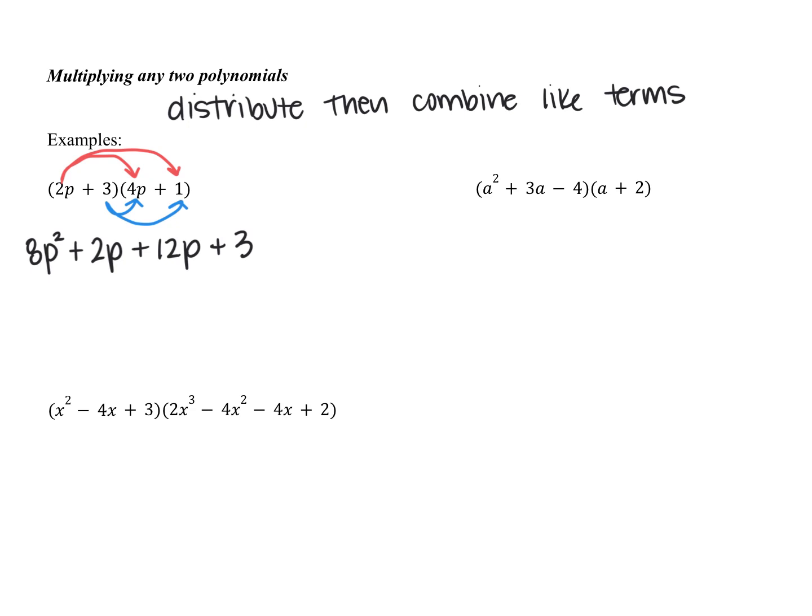And when we did a monomial times a polynomial, there weren't any like terms there either. But if you're multiplying two polynomials, there is a chance for there to be like terms after you've distributed. So I have 2p and 12p that are going to combine. So I have 8p squared plus 14p plus 3.